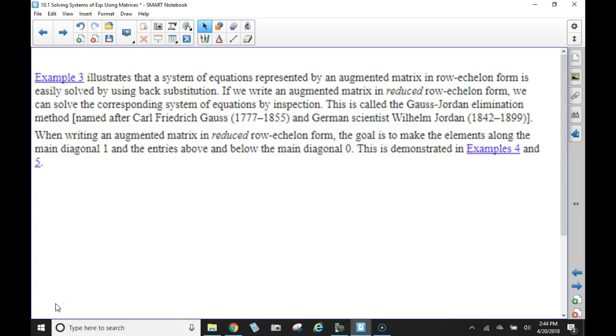So our last example showed how we can solve a system of equations using reduced row echelon form. That is called Gaussian elimination. And then we had Wilhelm Jordan come along, and he suggested to Carl Friedrich Gauss that, hey, let's do reduced row echelon form, and then extrapolating our solutions will be that much more simple.